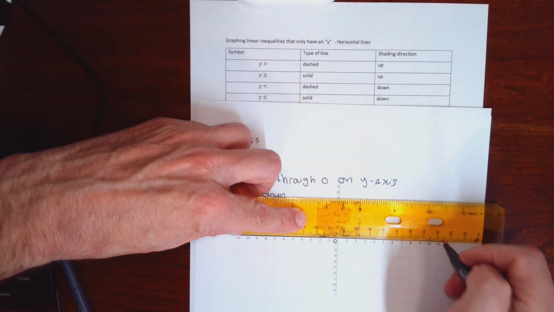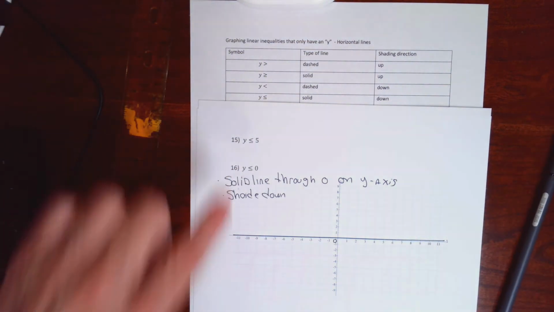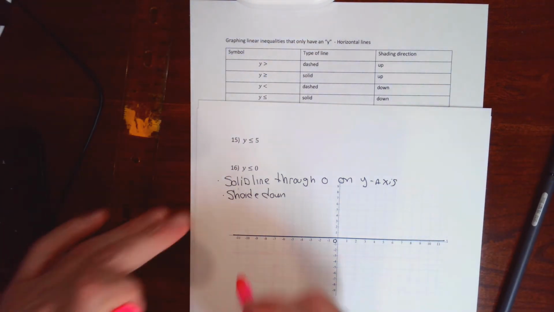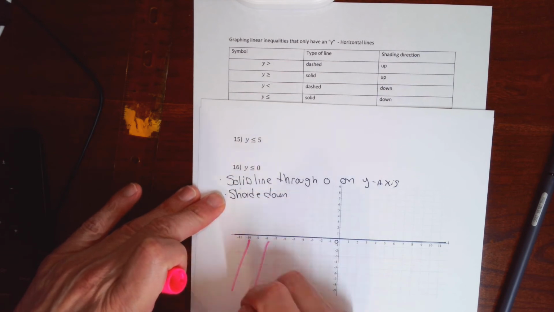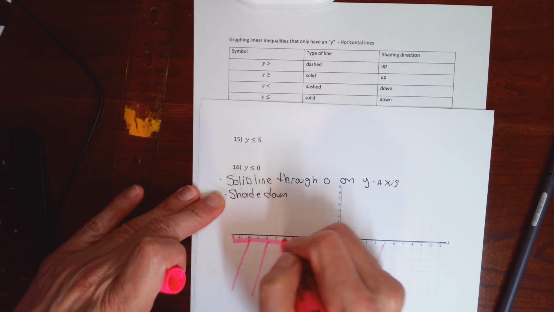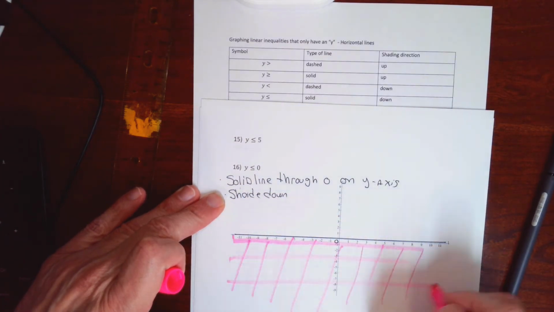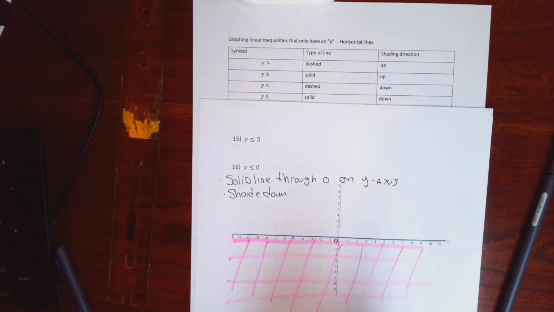So there's my solid line through 0 on the y-axis, solid because of the "or equal to," and now I'm going to shade down. You're supposed to shade everything all the way up to the line, and I just do the best I can.